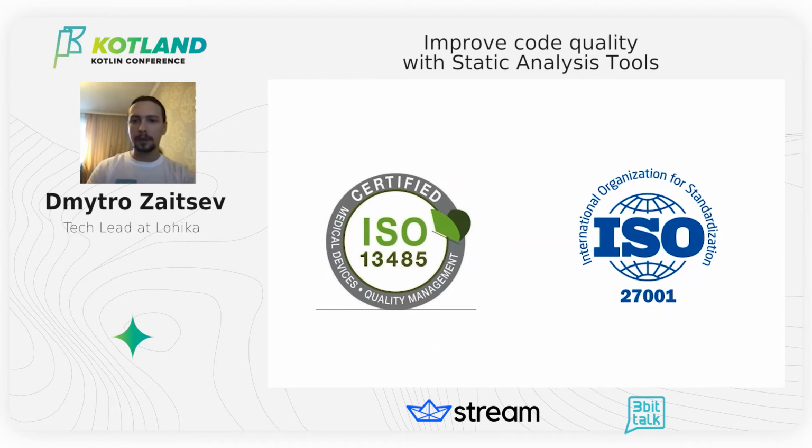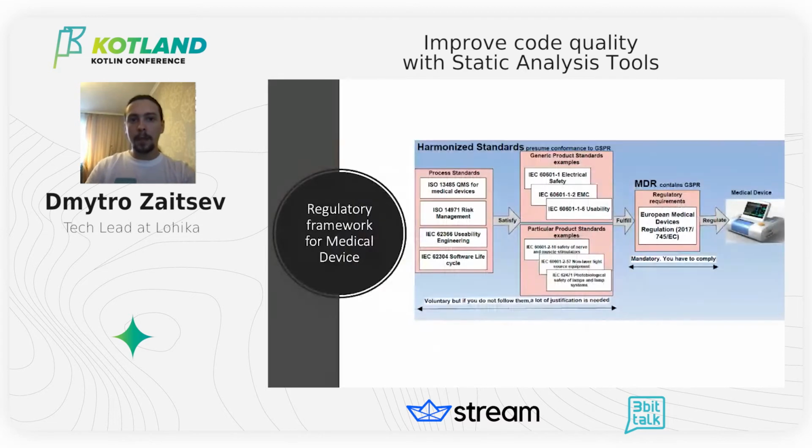Also, it includes internal audits, continuous improvements, and a preventive action plan. So the flow is pretty similar to what you see on the slide. You follow the standard, then regulators approve that, and only after that, when your source code is approved, your application itself is approved, and all the supplemental documentation is approved, only after that can your medical device reach the market.